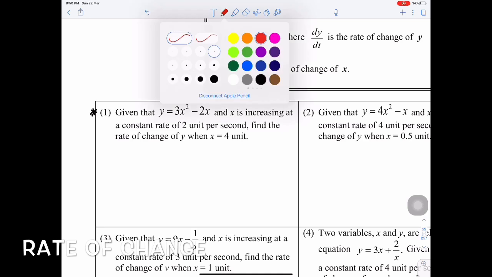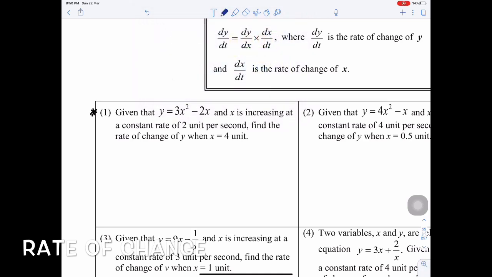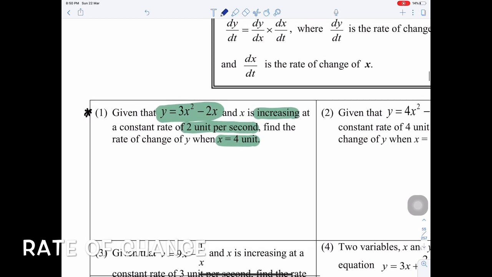Given that y equals 3x squared minus 2x and x is increasing at a rate of 2 units per second, find the rate of change when x equals 4 units. First step, what is the third part?